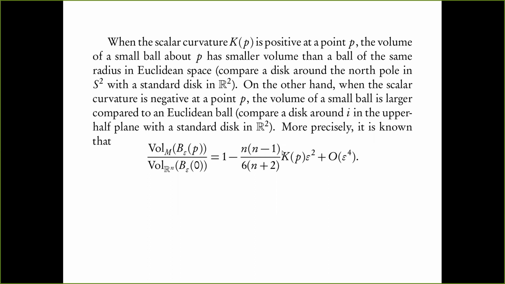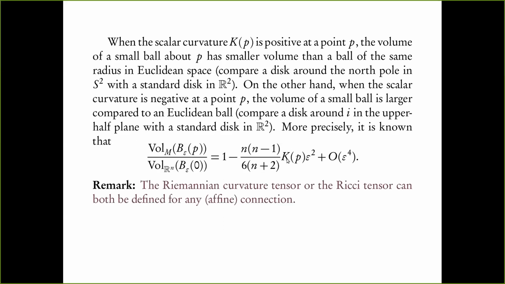Again, the n(n-1) appears because we divided our scalar curvature by n(n-1) in our definition. If we hadn't done that, the numerator would have been 1. That's again the reason to normalize versus not normalize. Nonetheless, this explicitly tells you that whether the volume is smaller or bigger depends on the sign of the scalar curvature.